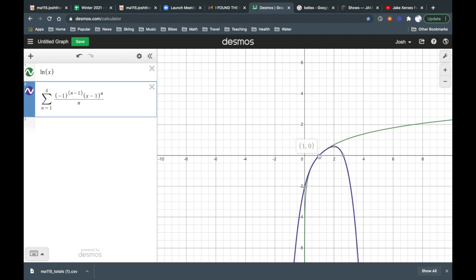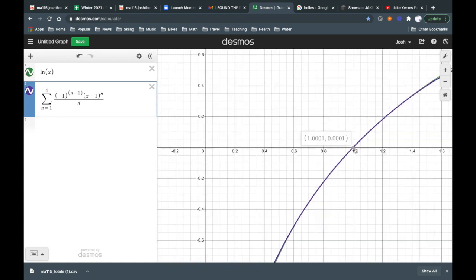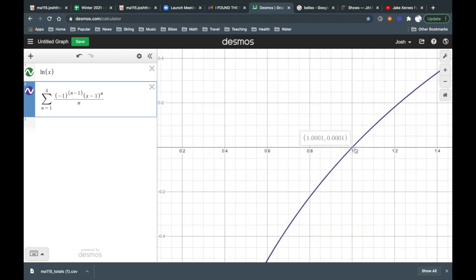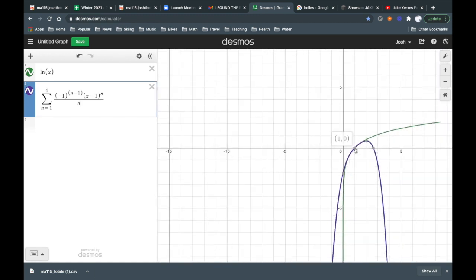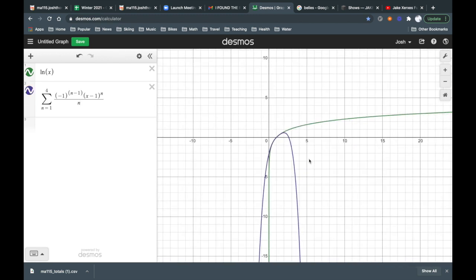You can see near x equal to 1, this gives an outstanding approximation to the given function natural log of x. And that's it.